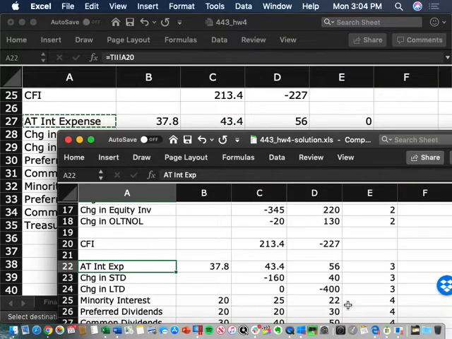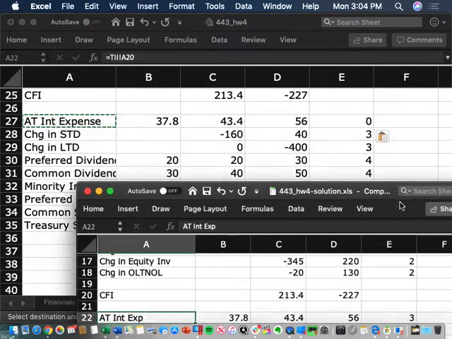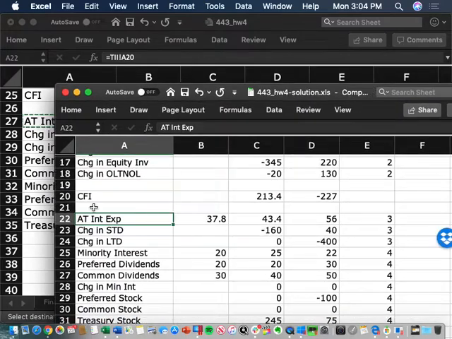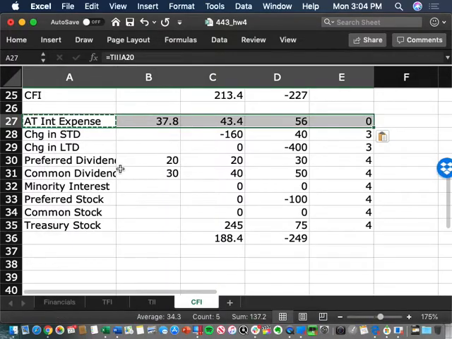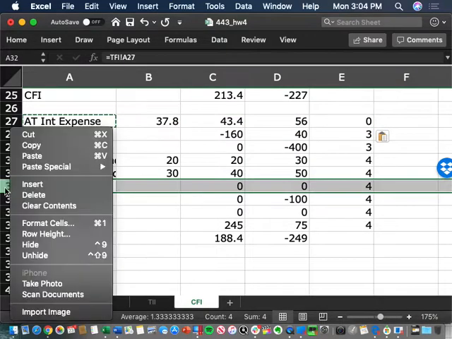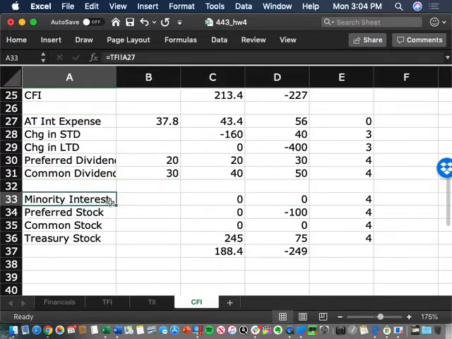Oh, what else did I do? 160, 400, minority interest. Did I do the minority interest? Forgot my minority interest. So, back to this. I did the minority interest on the balance sheet, but I didn't do the minority interest on the income statement. So this is the balance sheet.